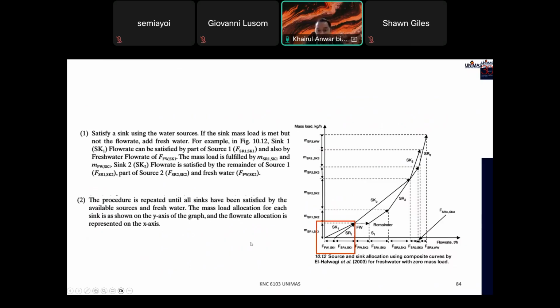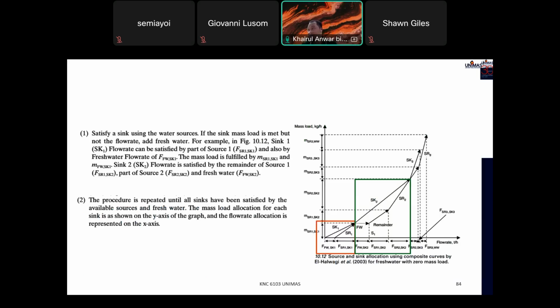Actually, once you understand the water cascade analysis, this is the same. That's how the method works. At the end, you want to know where the pinch is. So, where is the pinch?